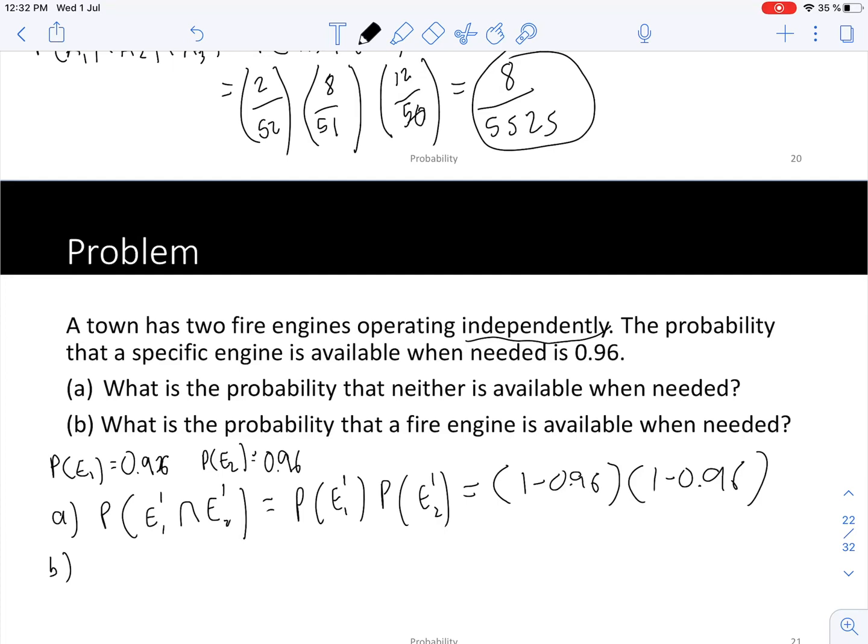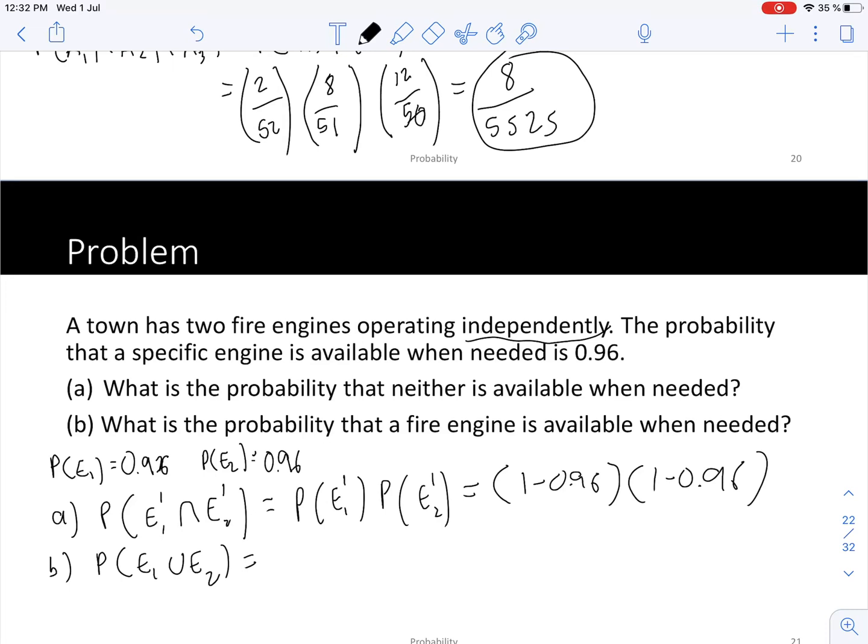So guys, that probability right there, that's the union of E1, E2, meaning that one will be working or the other one or both of them. So we want to find the union. Probability of E1 union E2, meaning both are working or only one of them is working.